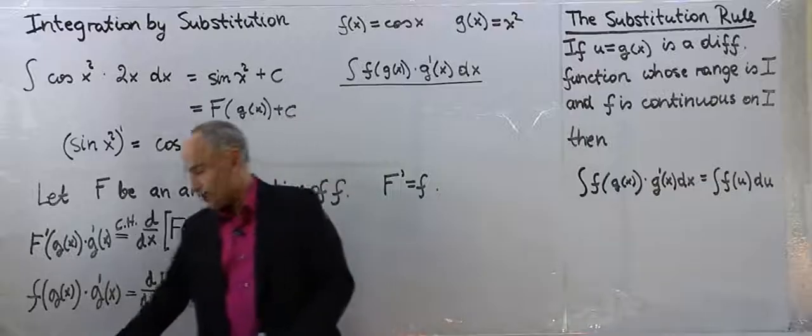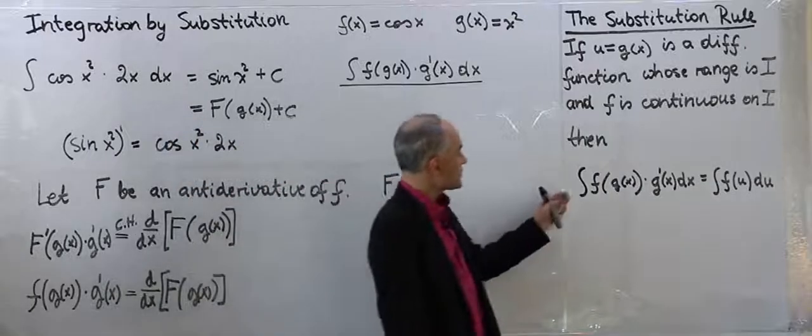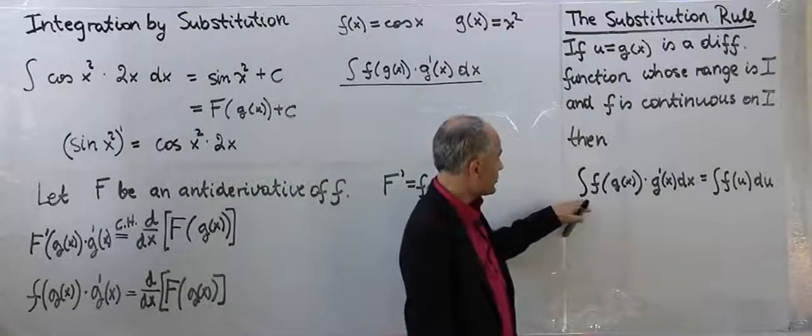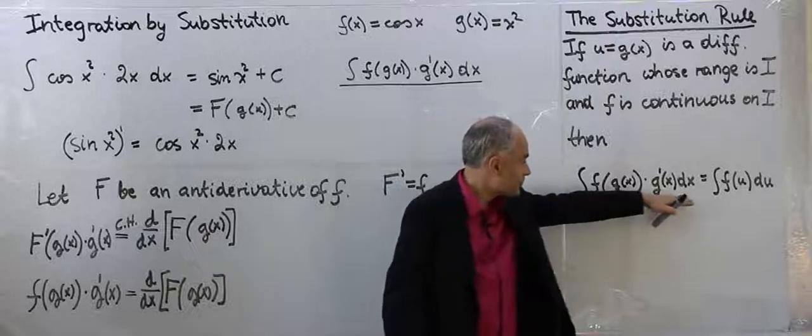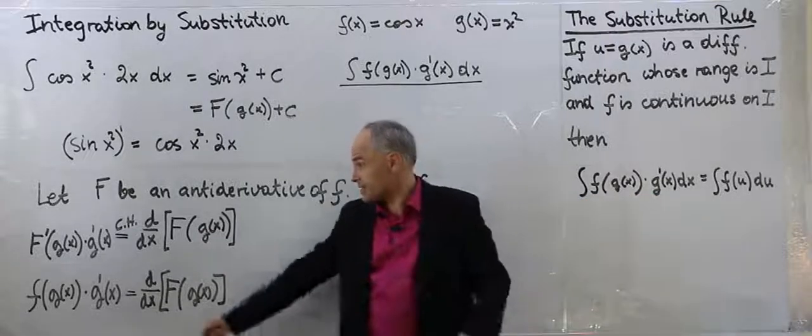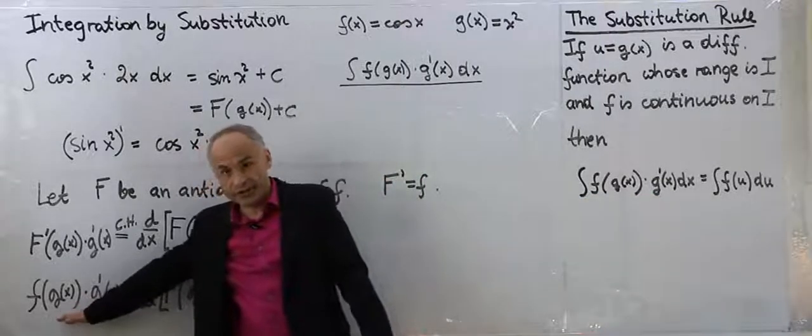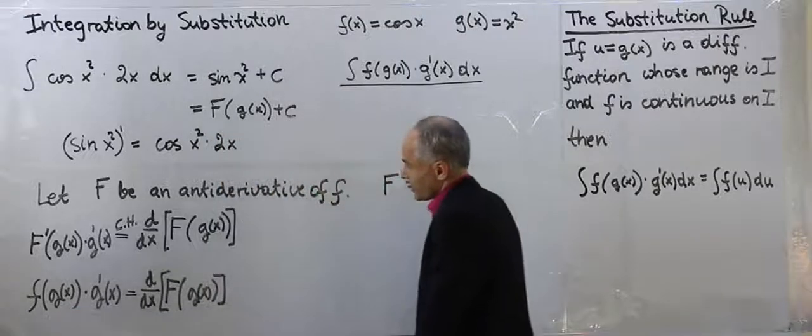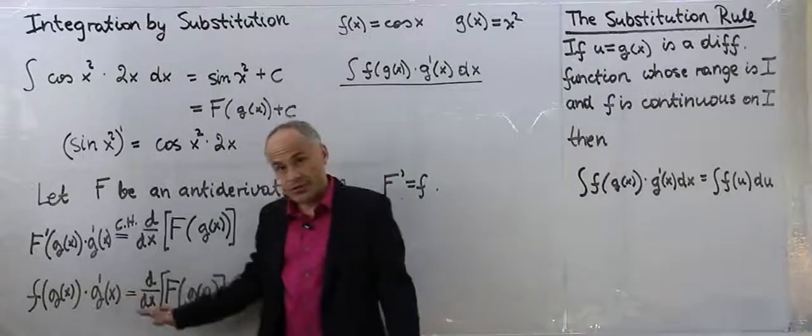But what are we looking for? In our statement, we want to compute the integral of an expression that looks like this, right? So we want to calculate the integral of the left-hand side. So why don't we integrate both sides?